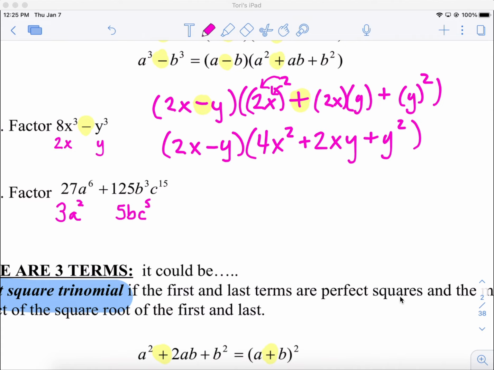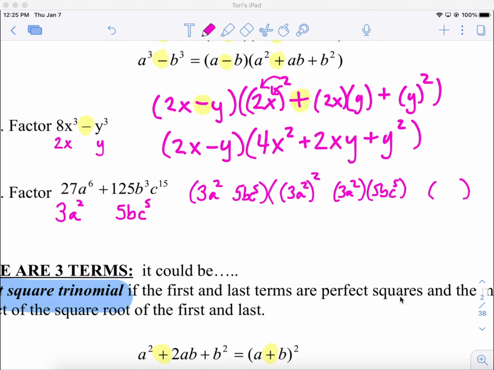When I write this out, I'm going to do once as a binomial, once as a trinomial. I'm going to do 3a squared, 5bc to the fifth. If it helps you to write it out individually like we did a second ago, we can do that. 3a squared squared. I'm going to do 3a squared, 5bc to the fifth, and I need to move this a little bit out.